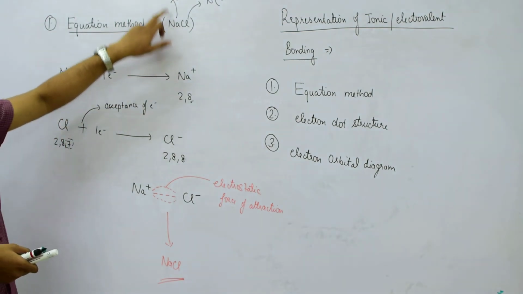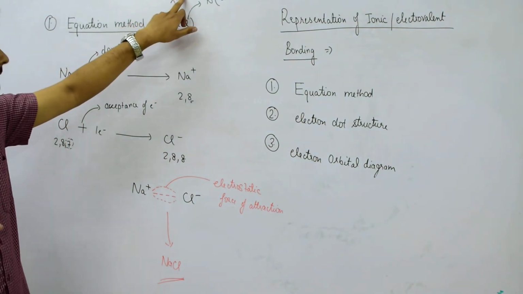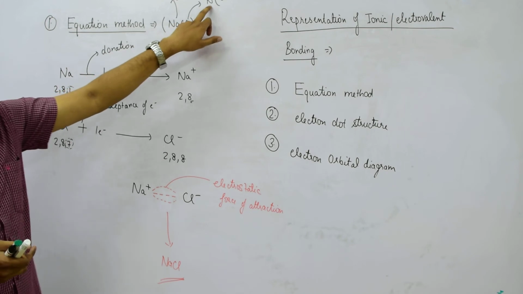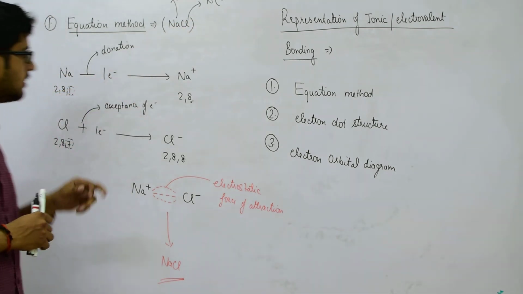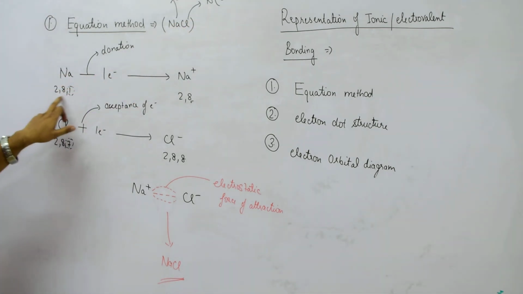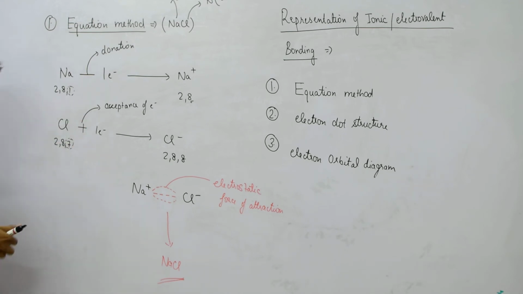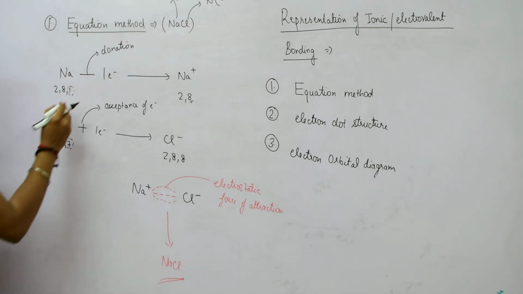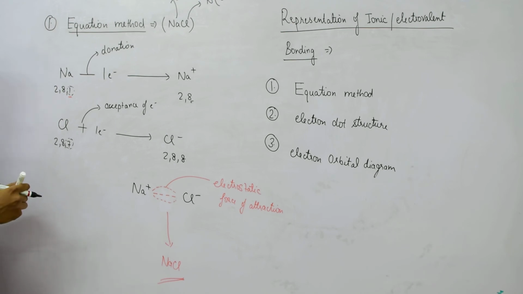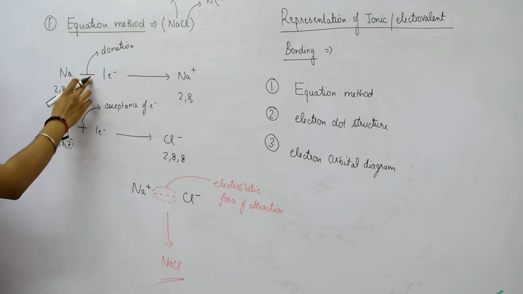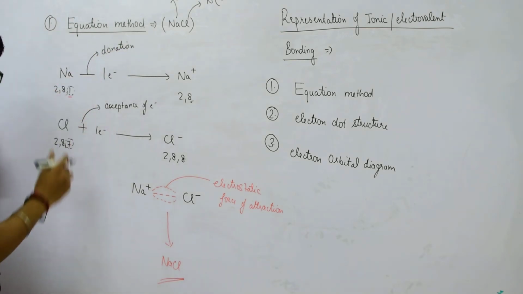In NaCl, sodium is a metal, the electron donor, and chlorine is a non-metal, the electron acceptor. Sodium has electronic configuration 2,8,1. The one electron present in the outermost shell is lost by sodium. Donation is represented by a minus sign.